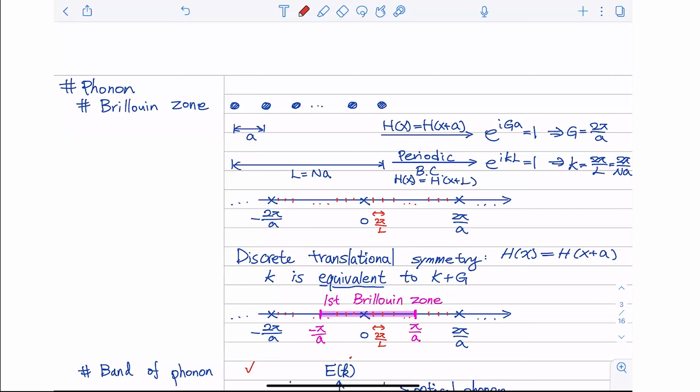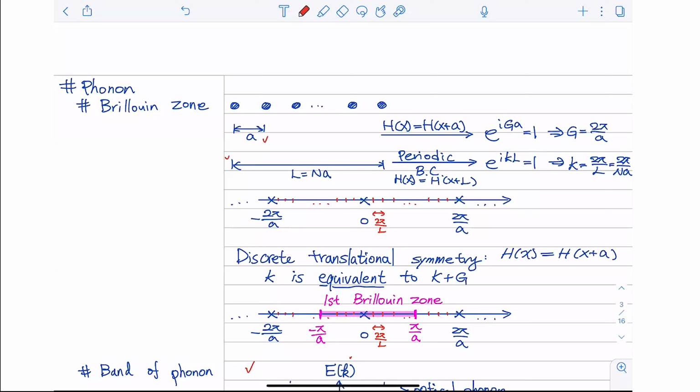So to introduce this idea of the Brillouin zone, we use the simplest 1D example where we arrange atoms with equal spacing, lattice constant a. In principle, we will have N such atoms, and that will form our system, where the system size L is N times a.